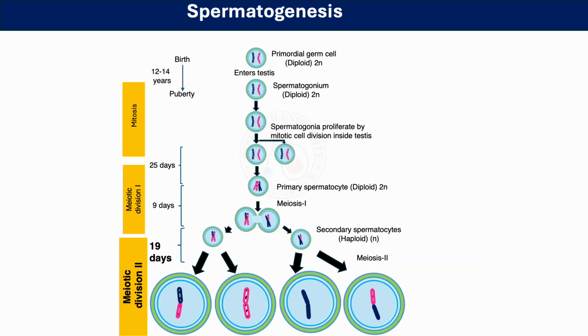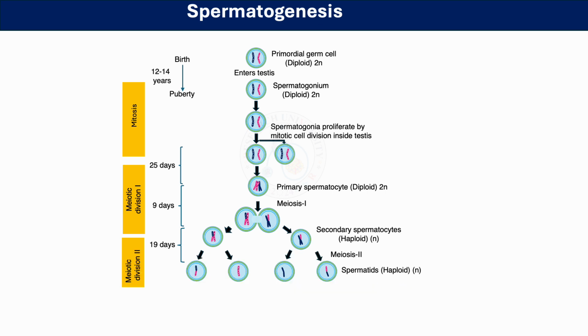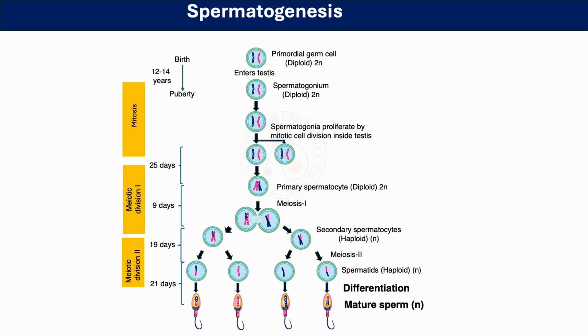Subsequently, these immature haploid spermatids undergo morphological transformation during spermatogenesis to develop into mature spermatozoa. For formation of mature sperm cells, they enter into differentiation. These spermatids undergo extensive morphological changes and differentiate into mature sperm cells, also called spermatozoa.